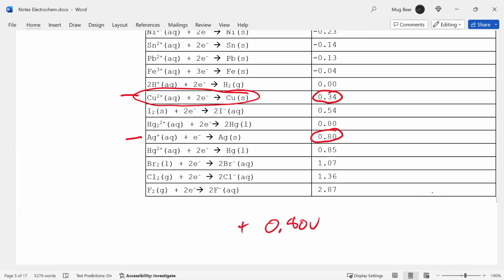In our battery, the copper is the thing that's the reducing agent. So then I have to take the number that's written over here and write it backwards, negative 0.34 volts, and then I can just add these things up. 0.46 volts. So that's the third reason this is a bad battery. Its voltage output is crap.